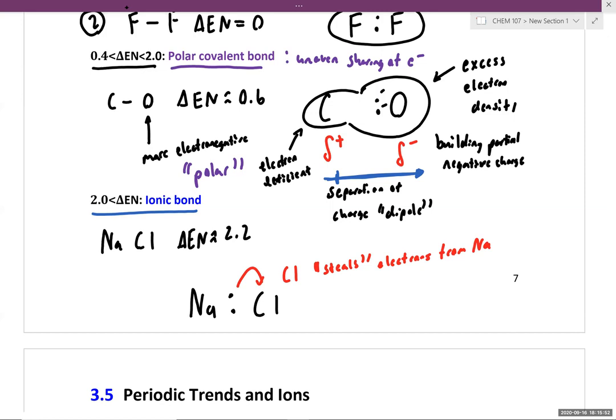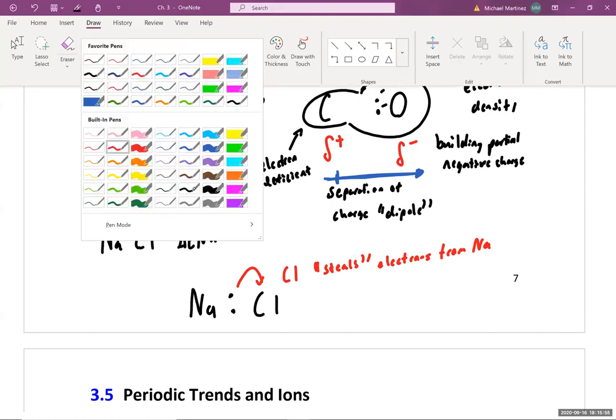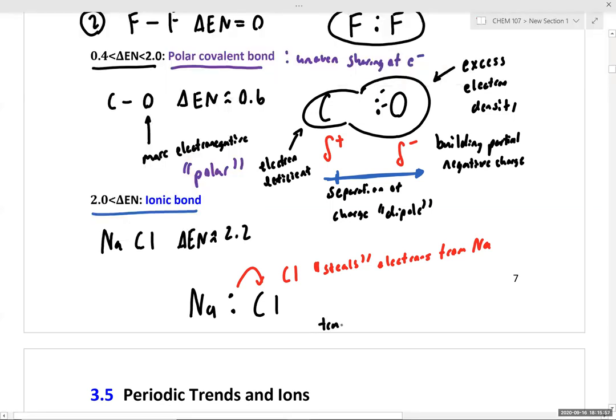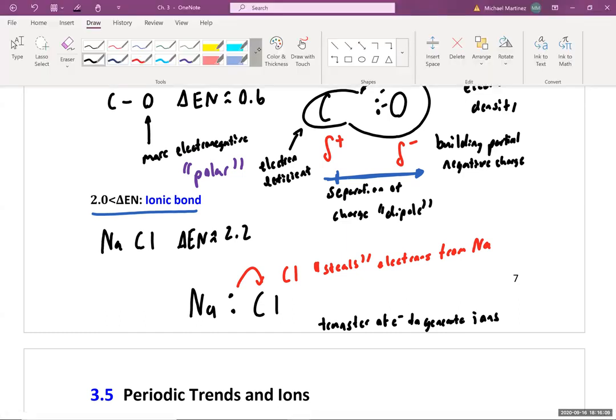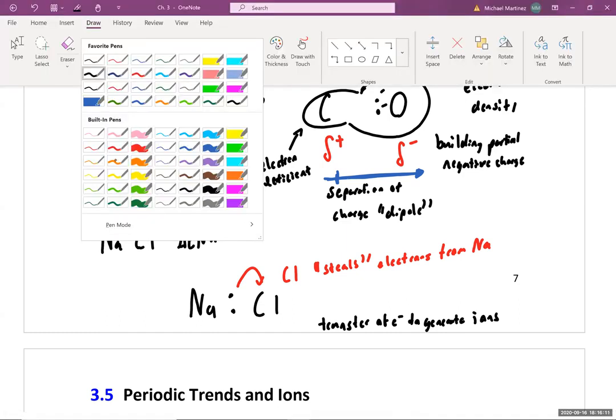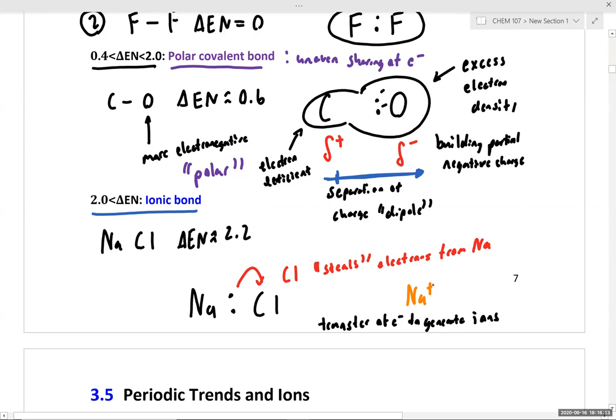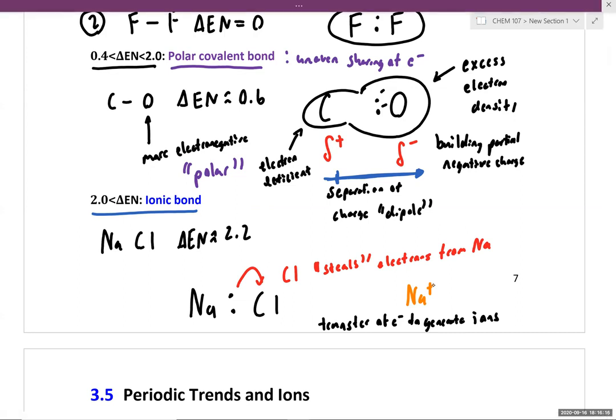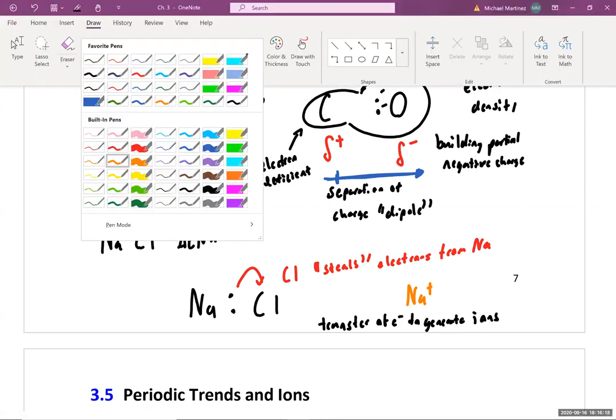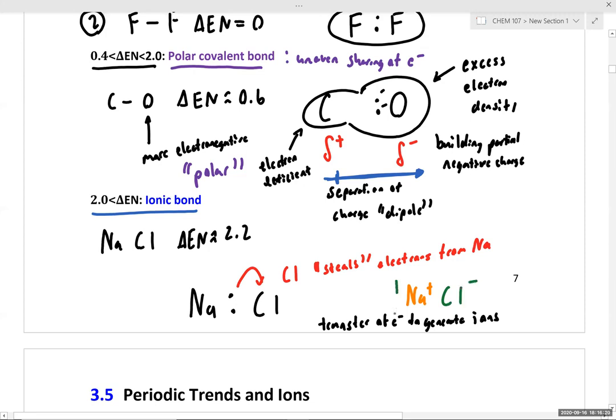So rather than a sharing of electrons, we instead have a transfer of electrons to generate ions. Instead of having neutral species, we have a cation and an anion, Na+ and Cl-, engaging in an ionic bond.